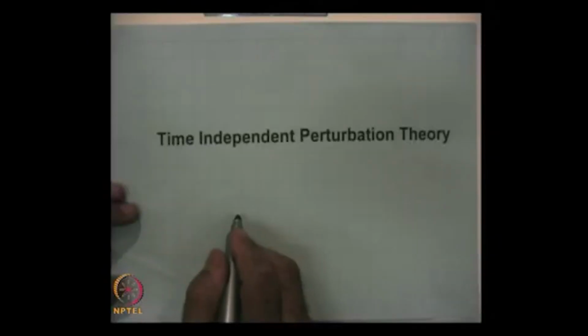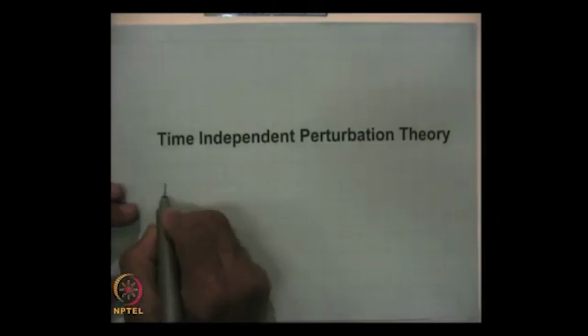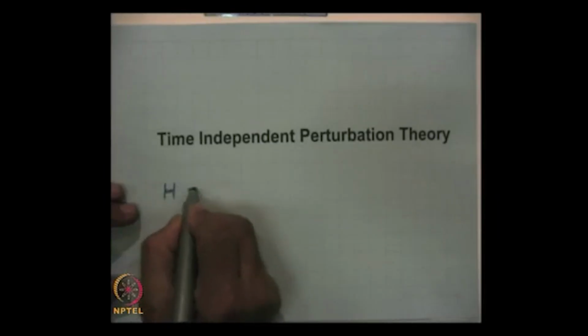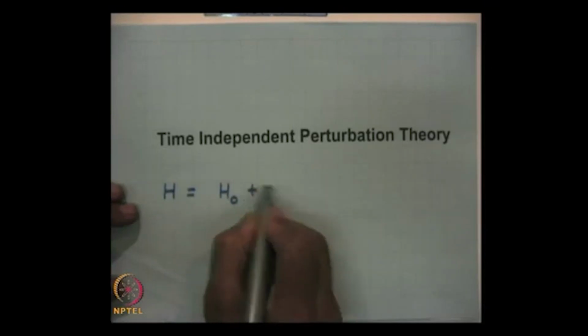In the time independent perturbation theory, we write the Hamiltonian as a sum of two parts, H is equal to H naught plus H prime.